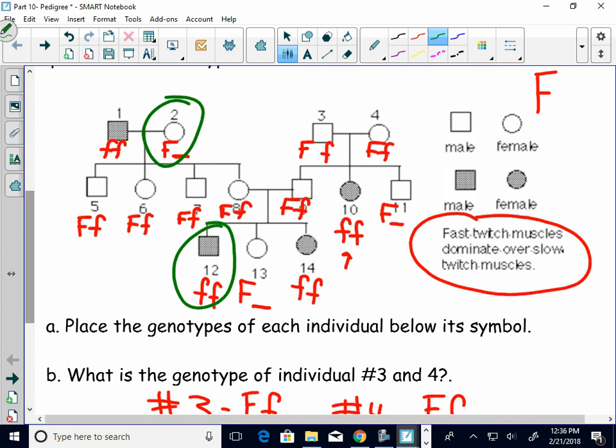You would have to put that. No, square's a boy. Okay? Number 12 is the grand. I said number 2. Number 12 is the grandson. Number 2 is the grandma. Right? We good with this one?